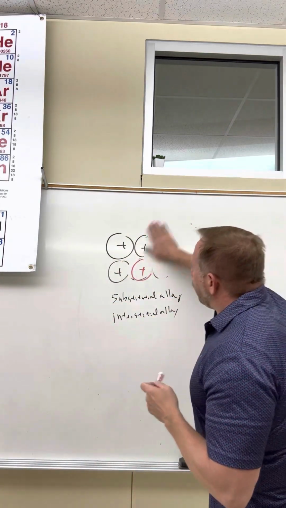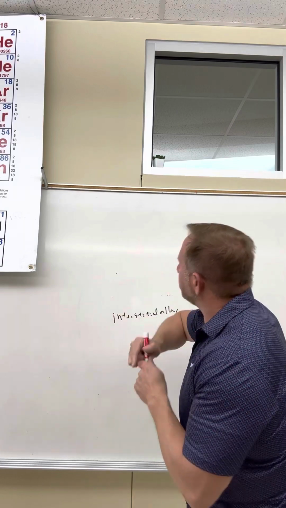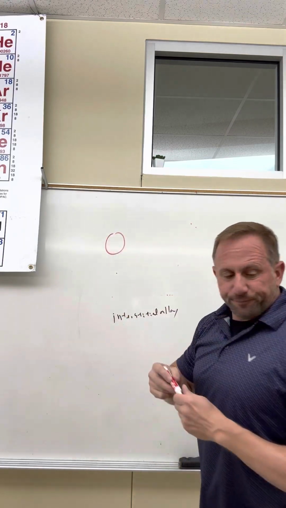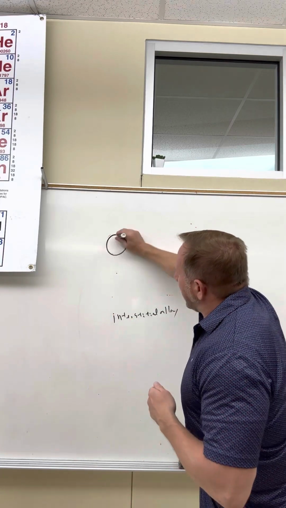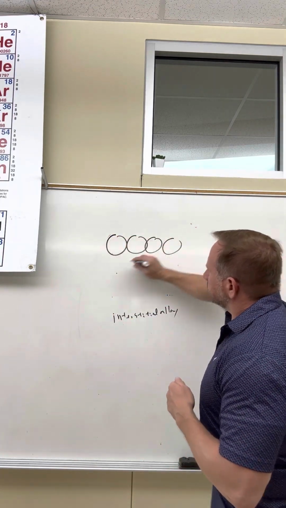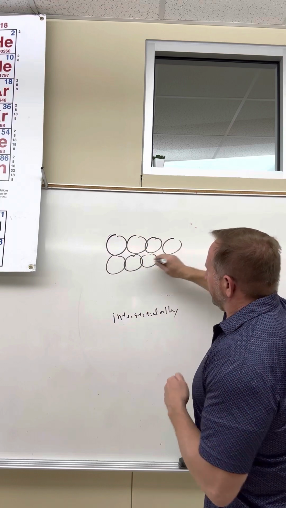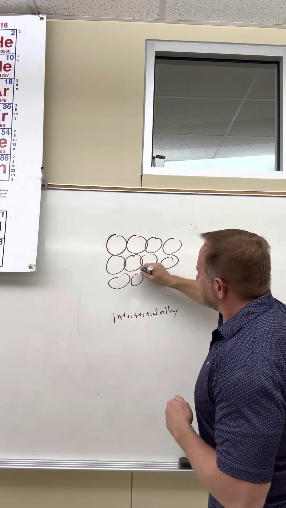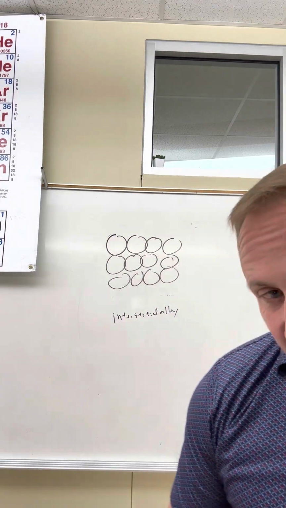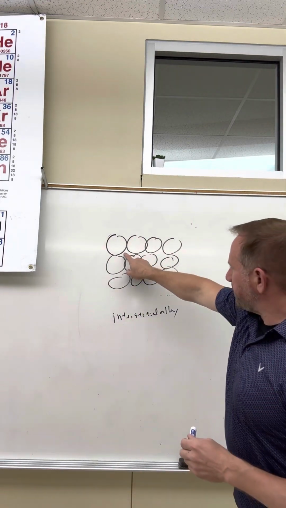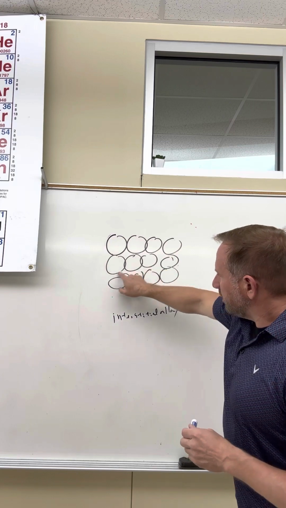Now, we could also take a bunch of atoms. Let's say this is iron. And if you notice, in between the iron atoms, there are spaces.